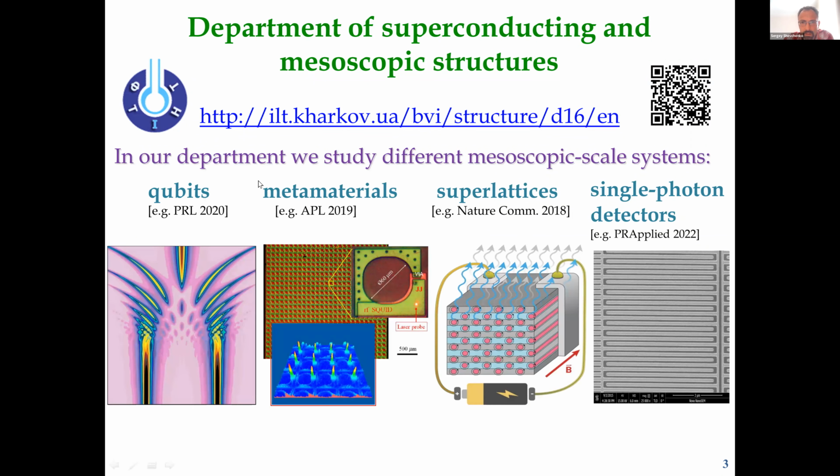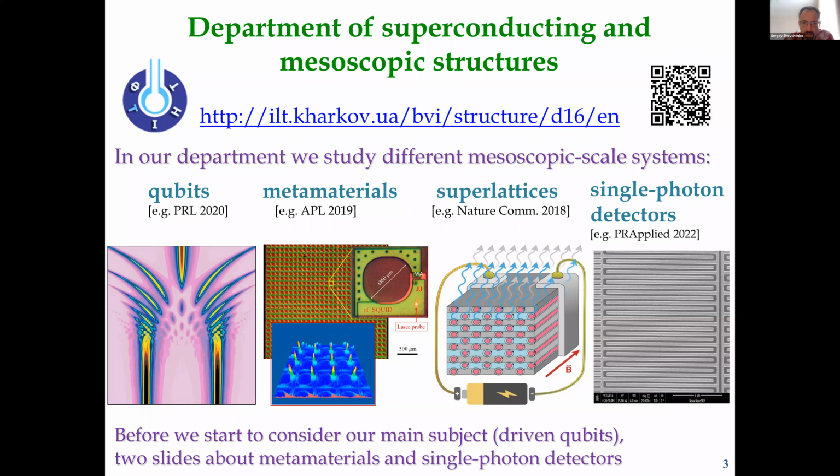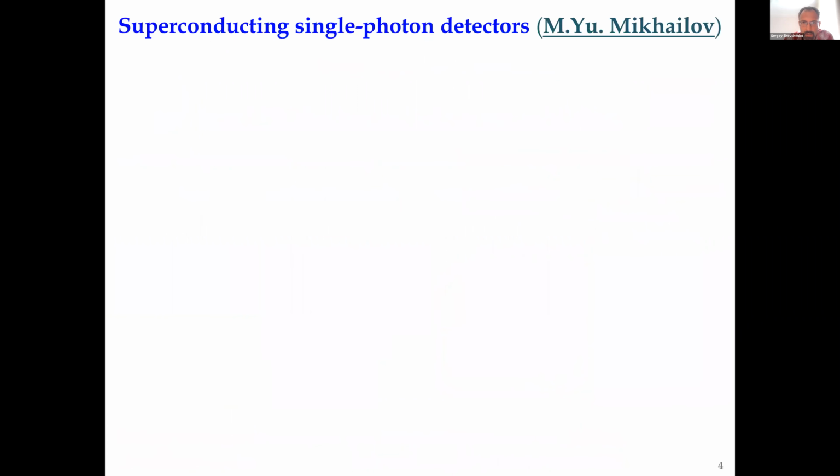Now, I'd like to tell you in 3 slides about our department, where we study related systems, mesoscopic and nanoscopic scale ones, like qubits, metamaterials, superlattices, single-photon detectors. And before I start the main subject of my talk, in 2 slides, I'll show you what my colleagues in our department do concerning metamaterials and superconducting single-photon detectors.